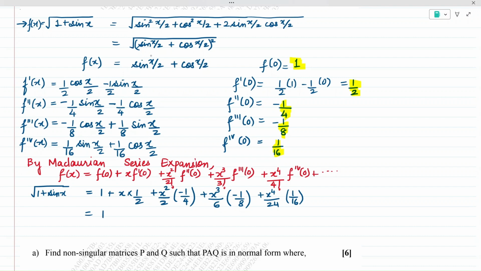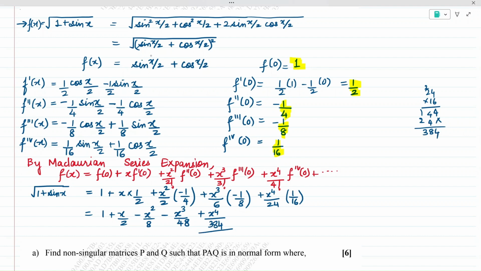Let's simplify. This is 1 plus x by 2 minus x square by 8, negative x cube by 48, and positive x raised to 4 divided by 24 into 16, which is going to give me, you can always use your calculator, 384.